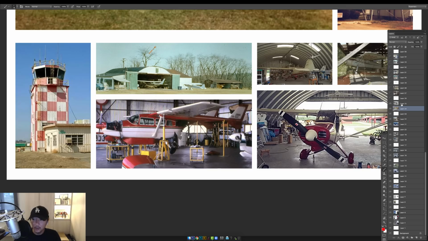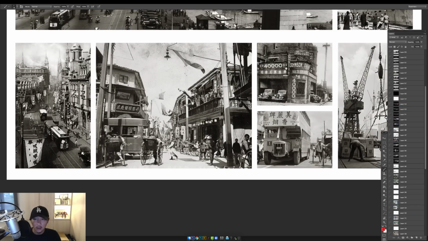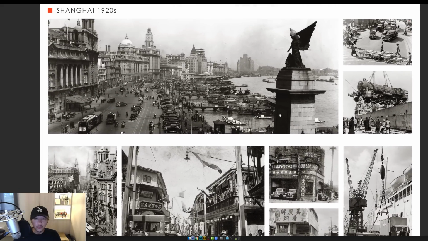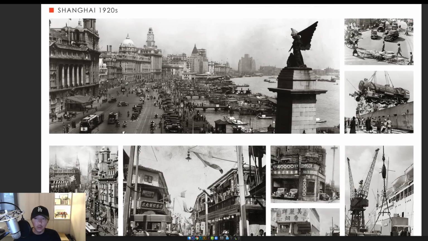Okay, let's find another one. Shanghai. Shanghai in the 1920s, really cool visuals, right? Shanghai in the 1920s and 1930s was considered the New York of Asia. It was like the entertainment hub of Asia. You have a huge explosion of the art movement in Shanghai in the 1920s, in which Art Deco was coming in, a lot of French influence, a lot of English influence, a lot of stuff was coming together.